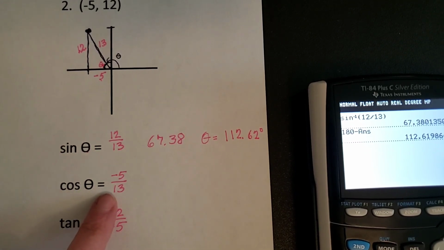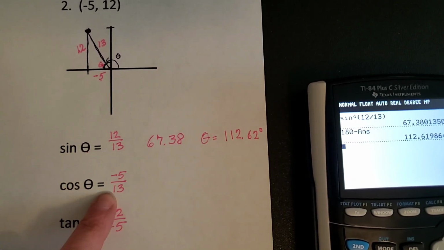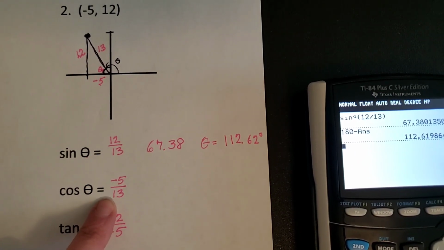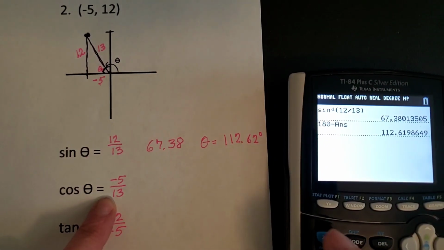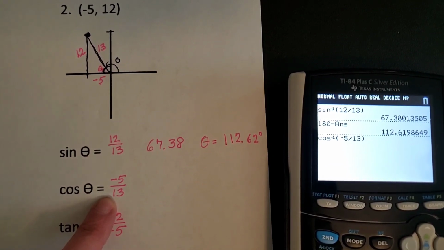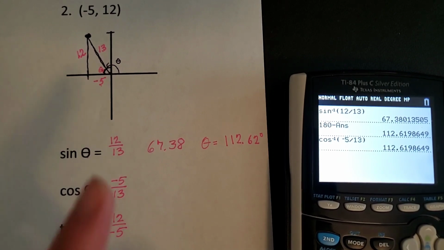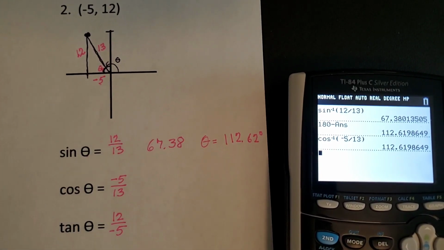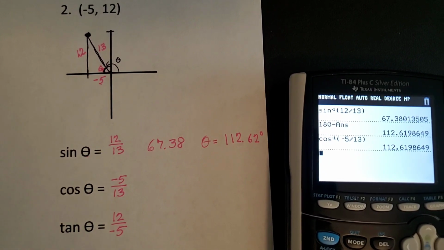Now, let's just try this. We're done. We found it. It's 112.62. But maybe you want to find it using the cosine. So if I do inverse cosine of -5/13, look, that actually gives me 112.62. So there was no work to be done with that.